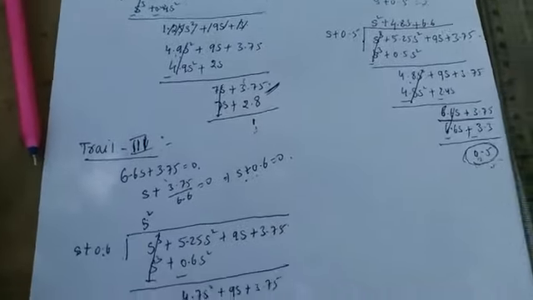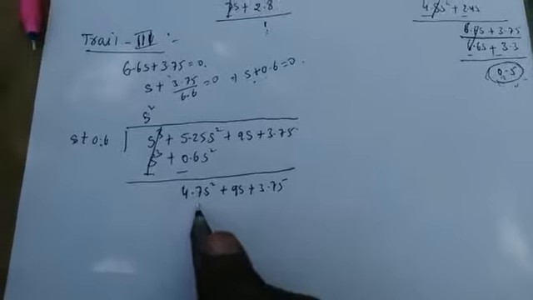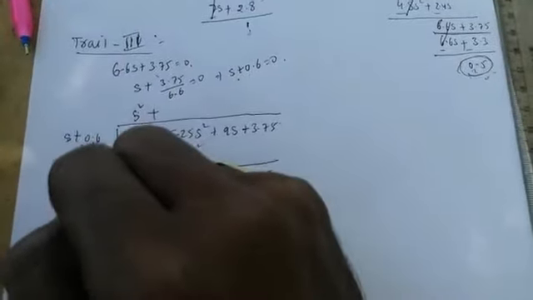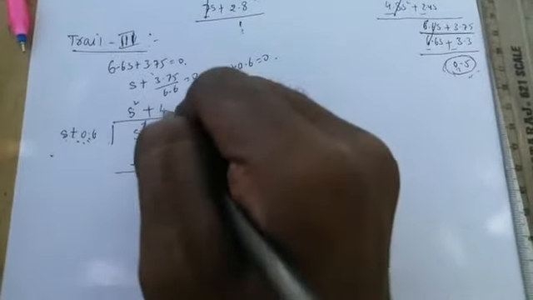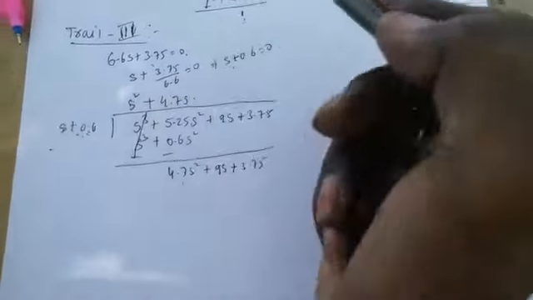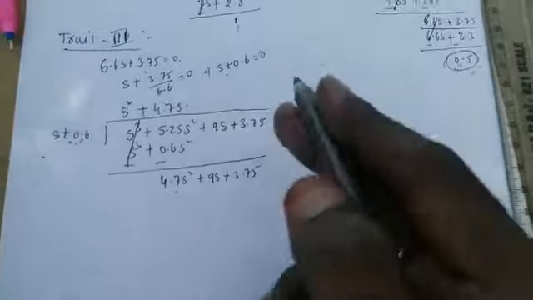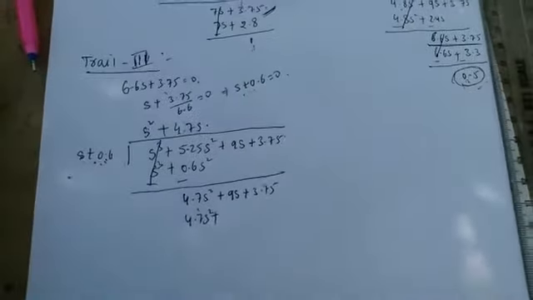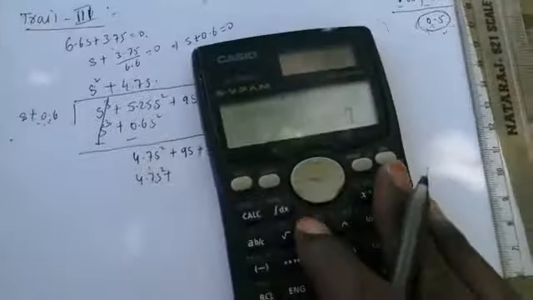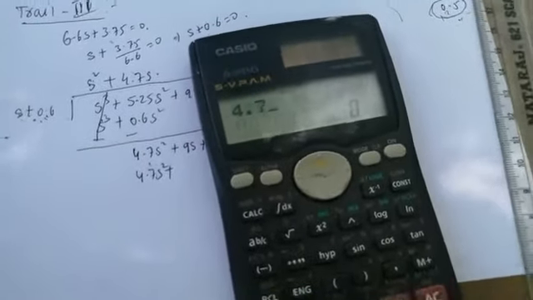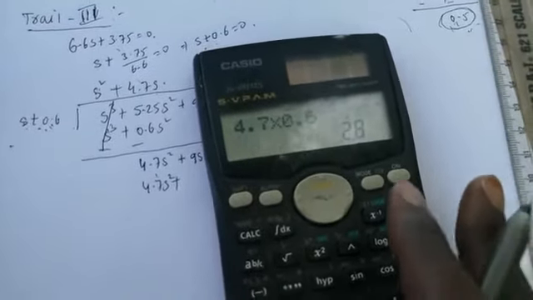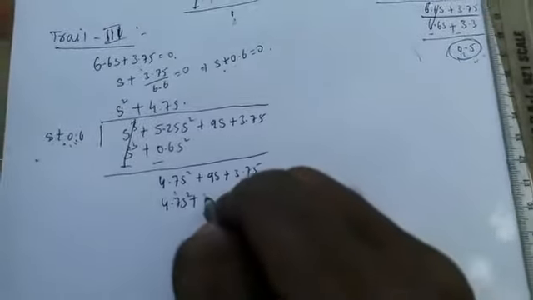Now again we have to eliminate this 4.7 s square term. So we multiply by 4.7 s. s into 4.7 s is 4.7 s square, plus 4.7 into 0.6, you will get 2.8 s.